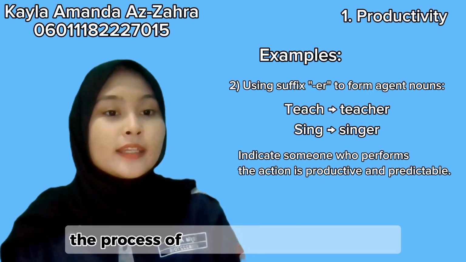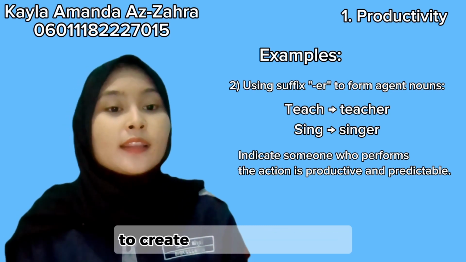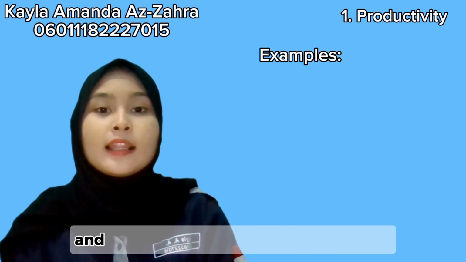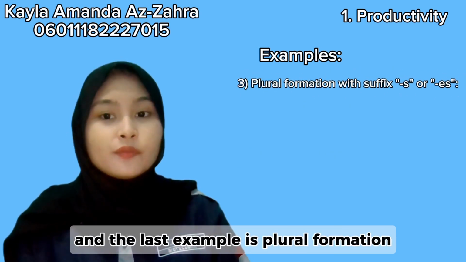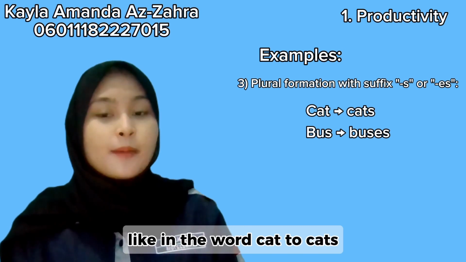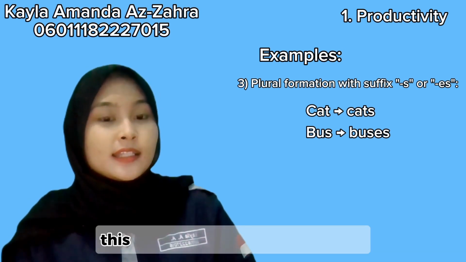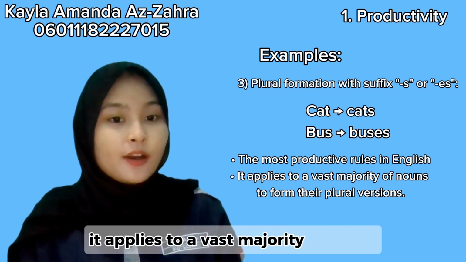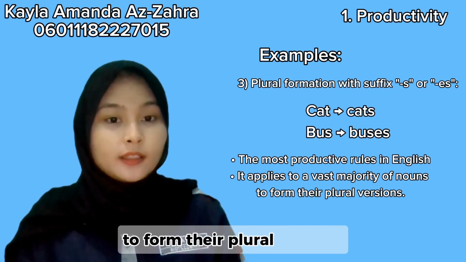The process of adding -er to verbs to create nouns that indicate someone who performs the action is productive and predictable. And the last example is plural formation with the suffix -s or -es, like cat to cats, bus to buses. This is one of the most productive rules in English. It applies to a vast majority of nouns to form their plural versions.